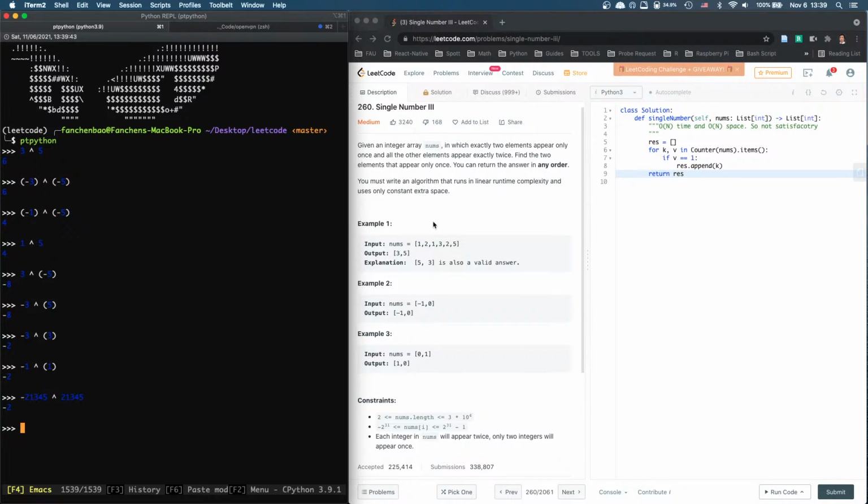Every pair is on either side. Now in this case, the singular values will always be on either side, so what we're gonna have is just the singular values.